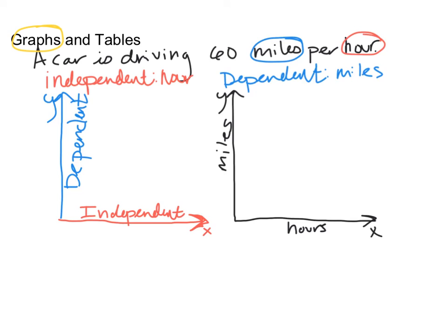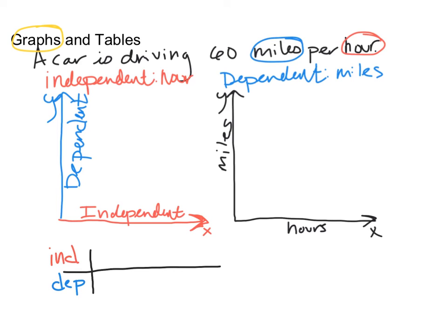And not everyone knows this, but there's actually also a relationship in how you set up the table. So if you were setting up a table, you would always put the independent variable on top and the dependent variable on the bottom.